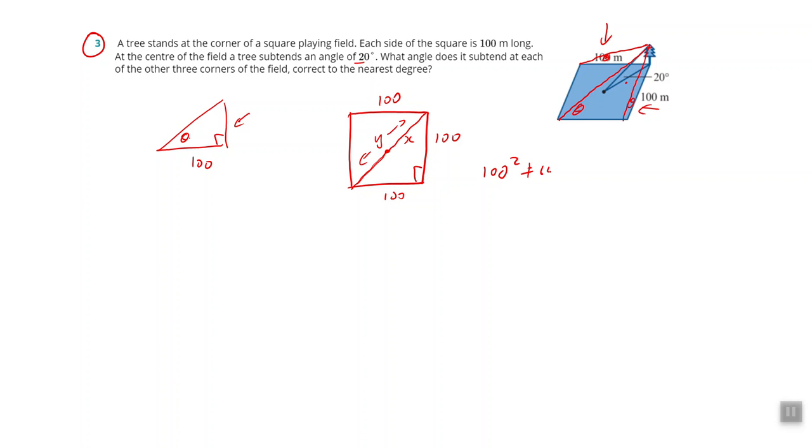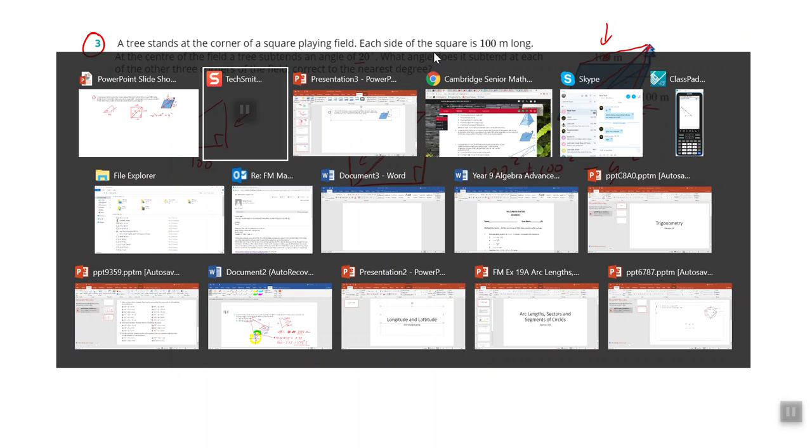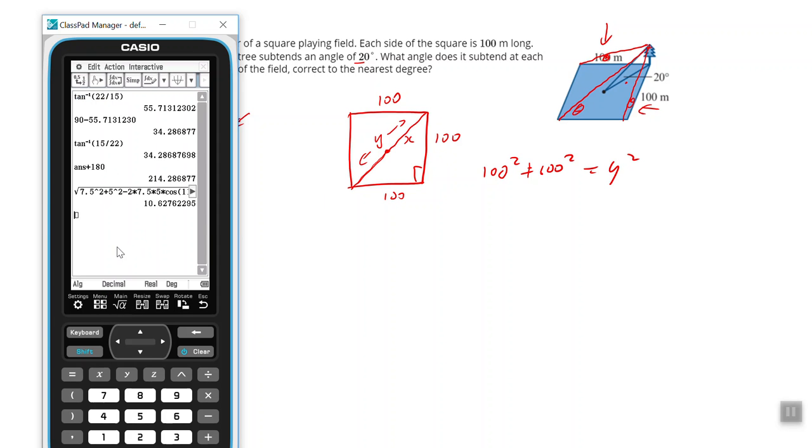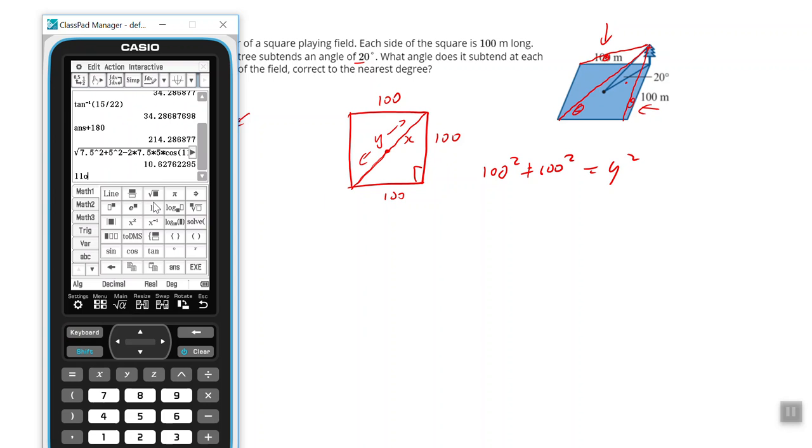So I'm going to enter that on my calculator to solve for y. Remember, with measurement problems, we only want the positive solution. So 100 squared plus 100 squared equals x squared, because I don't want to bother using y.